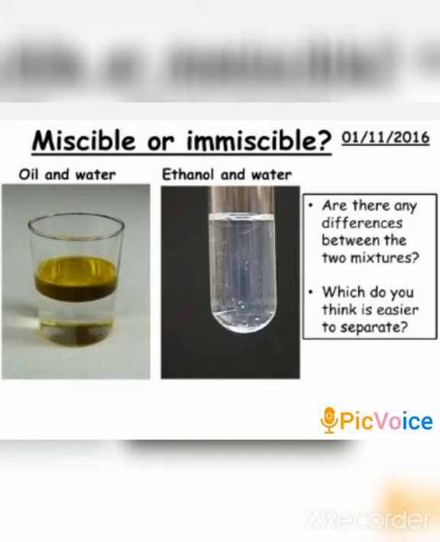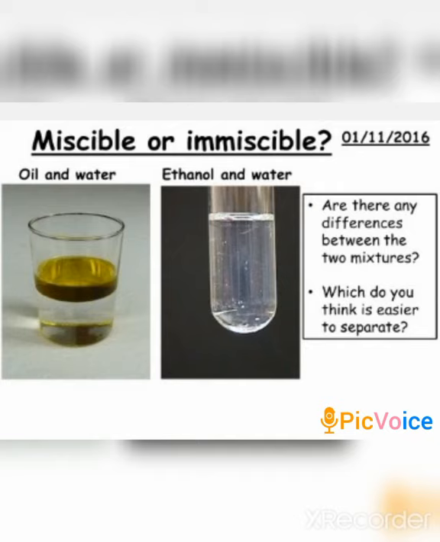So the first one where oil and water are present, if kept undisturbed for a certain amount of time, it will form into layers. The top layer is the oil and the bottom layer is the water, and this is an example of immiscible liquids, wherein you can easily separate oil from water without much effort.